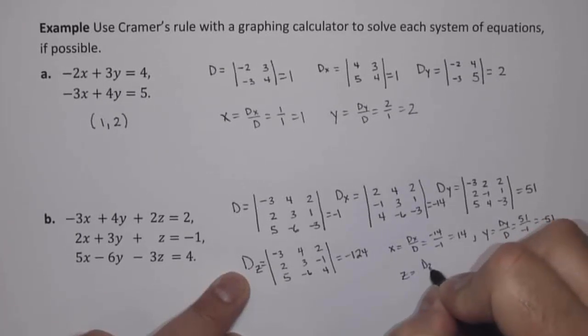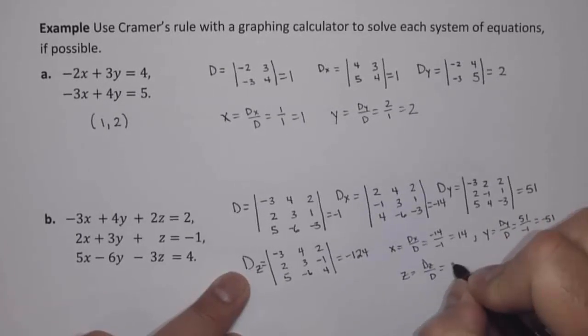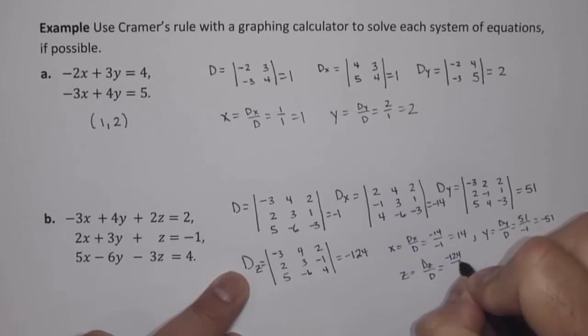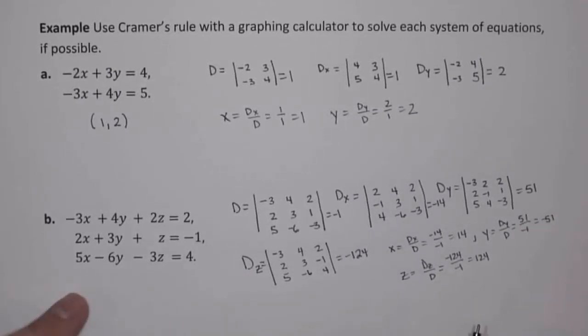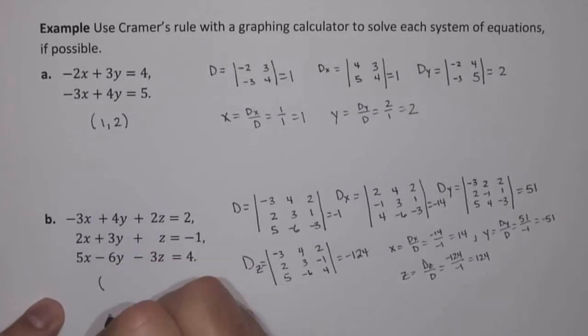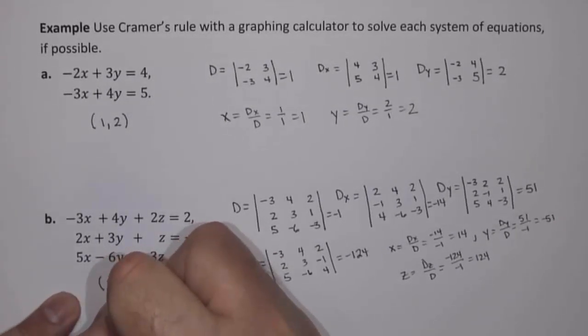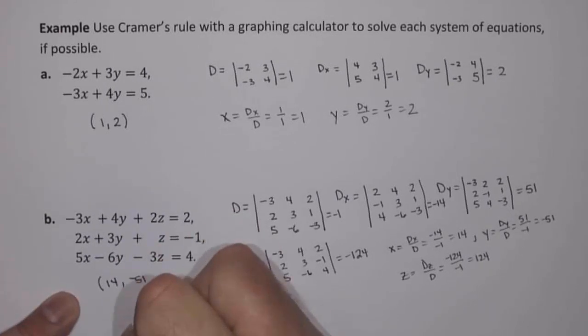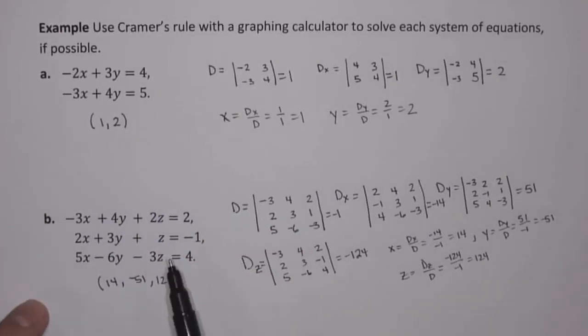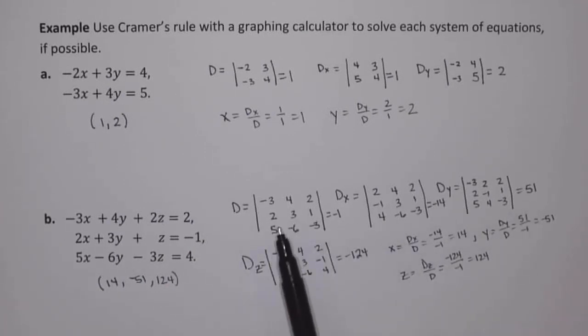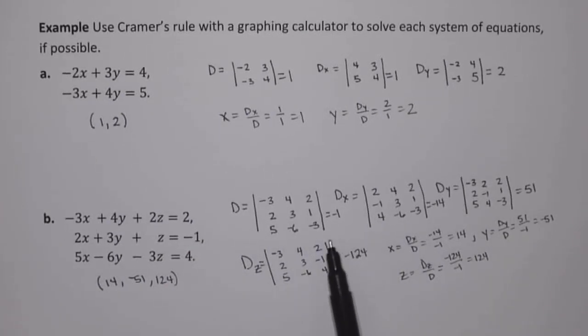Z is going to equal dz divided by d, which is negative 124 divided by negative 1, which is 124. So the solution to our system is the ordered triplet, 14, negative 51, 124. So again, I can use my calculator to evaluate the determinants so that I can then use Cramer's rule to figure out the solution to the system.